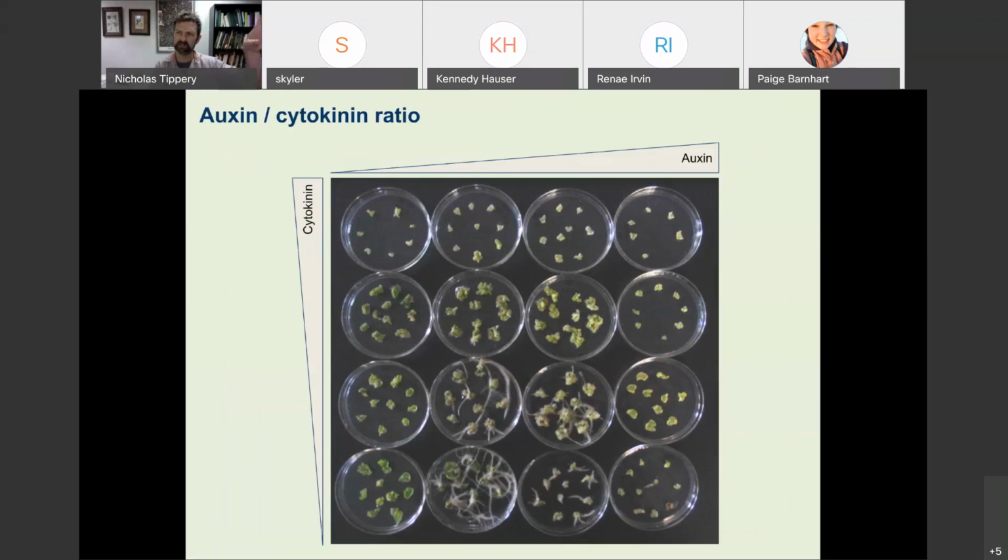So auxin and cytokinin are kind of at odds. Tip of the shoot, tip of the root, and as I said, different cells getting different amounts of those. So if you wanted to grow your tissue culture plants, this is a nice illustration of the relative amounts of those.